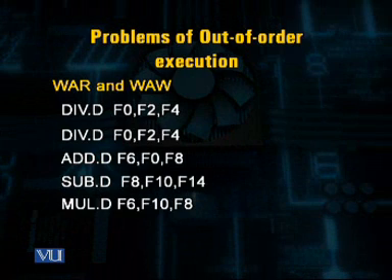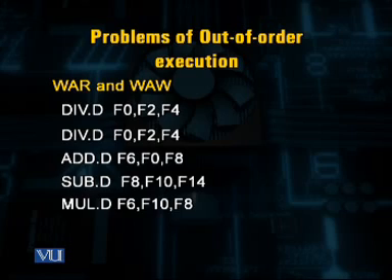We can look into this example over here. In this case, the subtract instruction does not have any data dependency onto the divide and add instruction, whereas the add instruction has got the data dependency onto the first divide instruction.